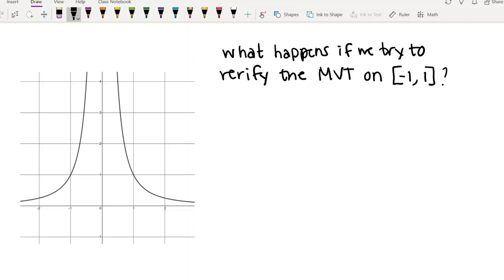You might already have an idea of why this isn't going to work, but let's just go with it and say we're doing it, and we'll see that something goes wrong and then try to explain why it went wrong.